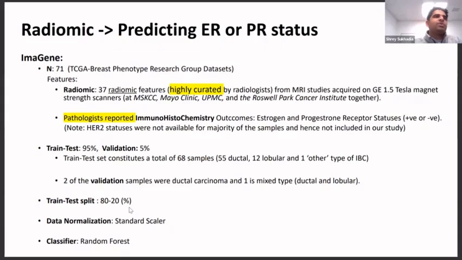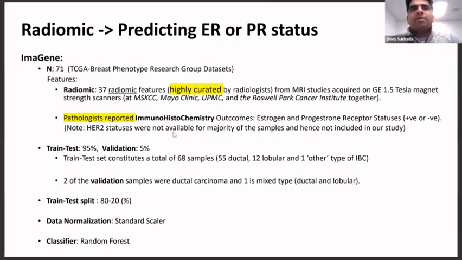The way we did this is we took the very famous TCGA Breast Phenotype Research Group datasets with 37 radiomic features, which were highly curated by radiologists from top institutes in the USA, Memorial Sloan Kettering Cancer Center, Mayo Clinic, etc. Pathologists reported the immunohistochemistry outcomes, the ER and PR statuses, estrogen and progesterone receptor statuses.